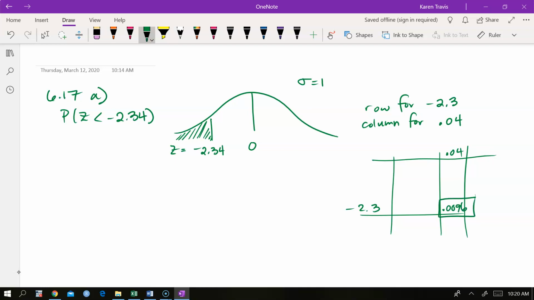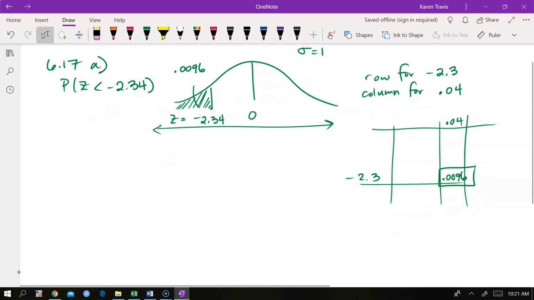So the way we think of this is this area is 0.0096, and on the number line, z is negative 2.34, but the probability of z being anything below a negative 2.34 is equal to 0.0096. Let's take a look at the next one.